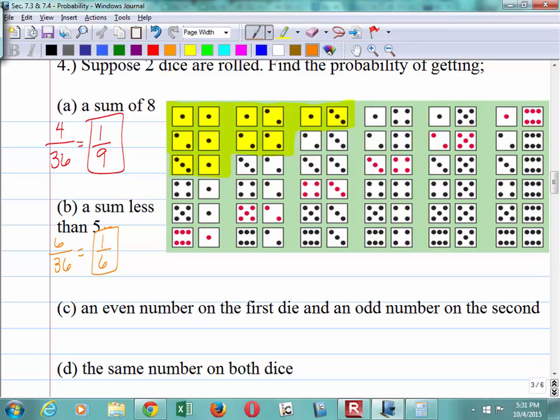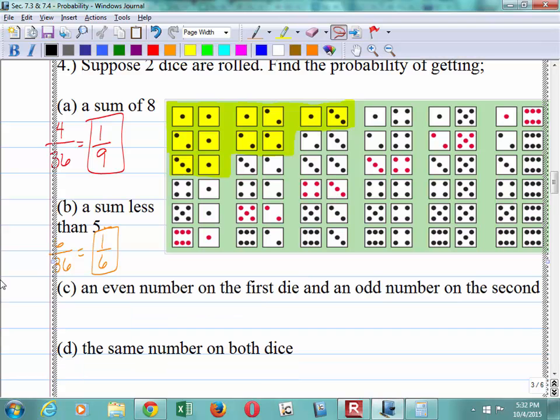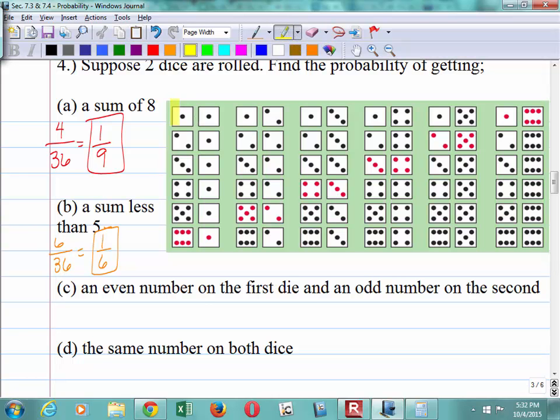And then an even number on the first die and an odd number on the second. Alright. So an even number on the first. So it could be a 2. These all have a 2 first.